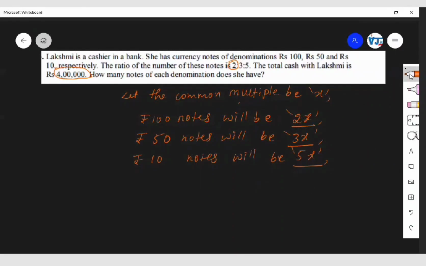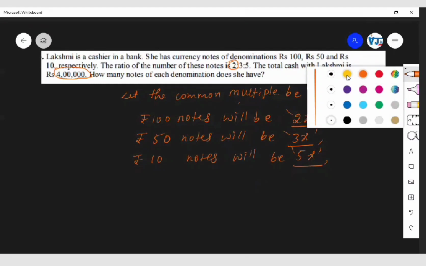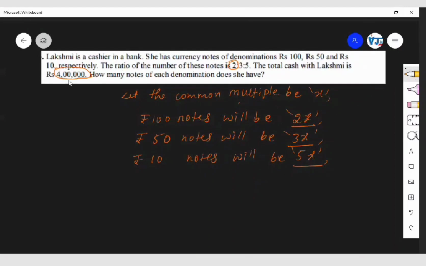But the question is, you have to find the number of notes and the total amount is given. Total amount is always multiplied with number of notes. Then see here, total amount is equal to number of notes multiplied with denominations.